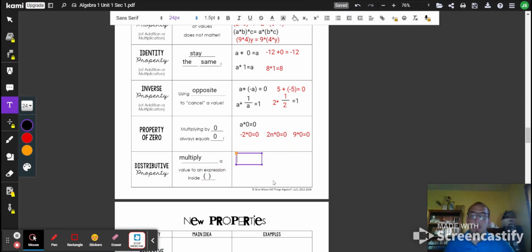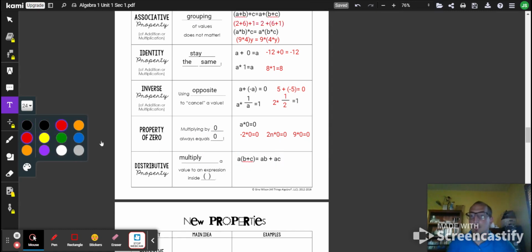So an example would be, if you had A times B plus C, you distribute the A to the B, and then you add it to the product of A times C.